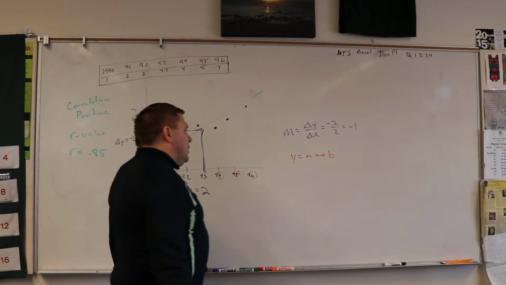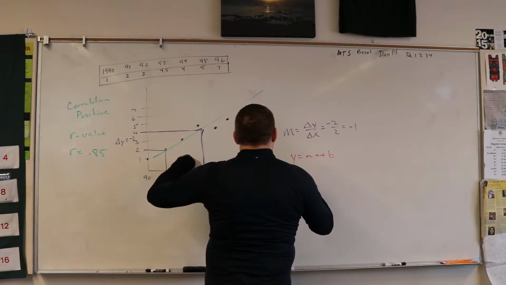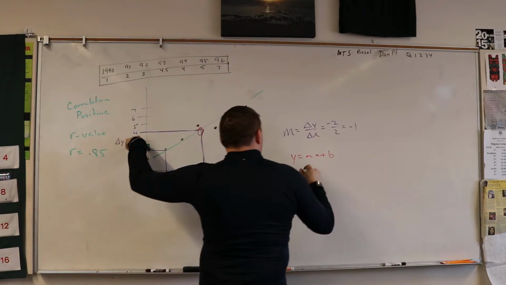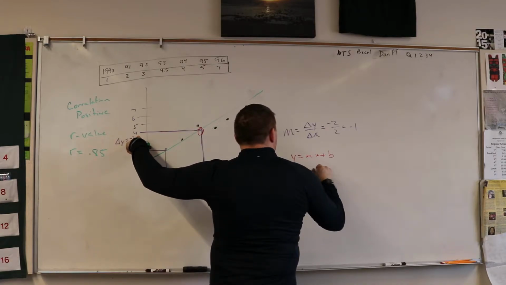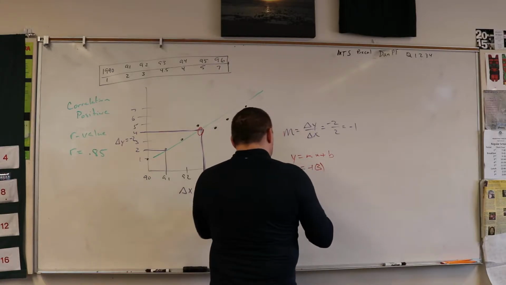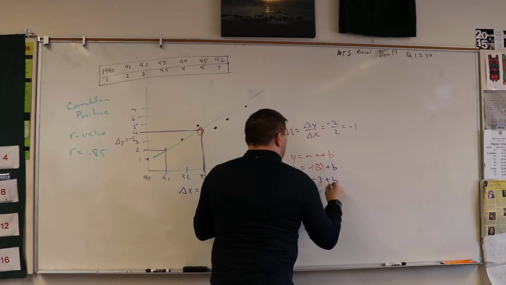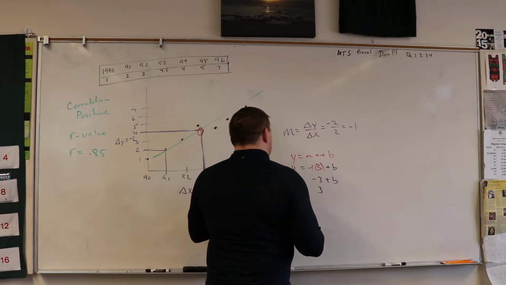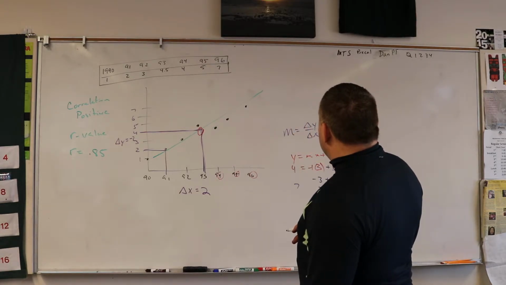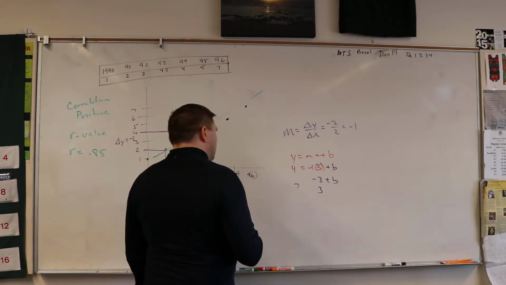So my y is going to be 4. That's the one we grabbed. So my y is 4, my m is negative 1, and my x is 3. So I got negative 3 plus b. I'm going to add 3 to both sides, and I'm getting 7.